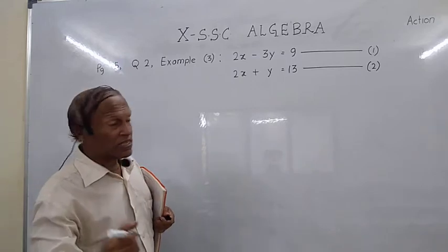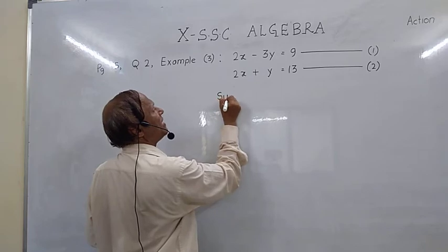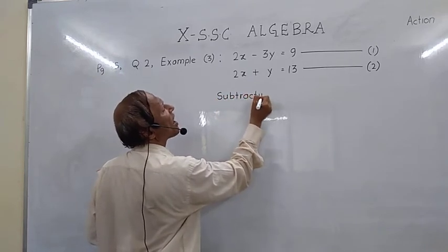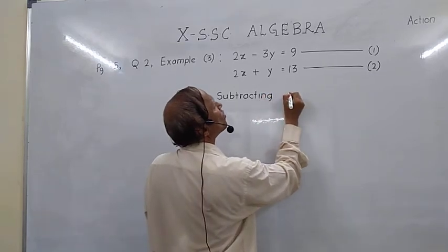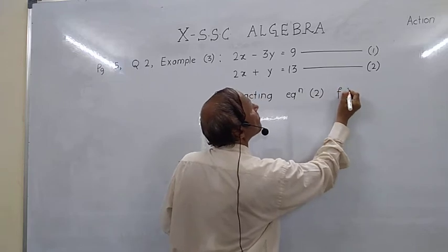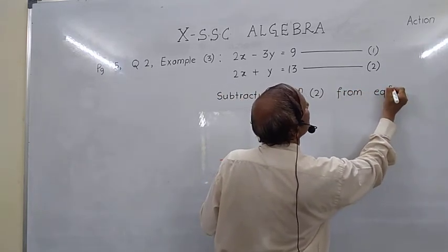What you should do is subtract the equations. So write subtracting equation 2 from equation 1.